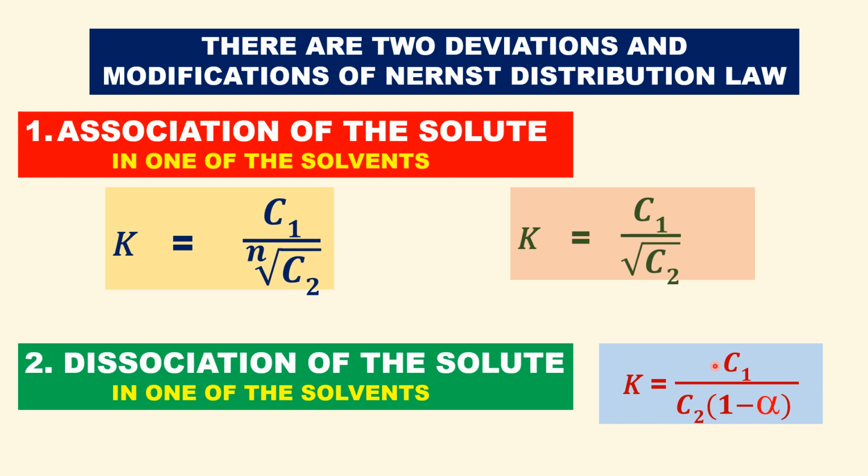Therefore, the Nernst distribution law is applicable for solute in unassociated or undissociated form only. C1 is the concentration of the solute in phase 1 and C2 (1 minus alpha) is the concentration of solute in phase 2.